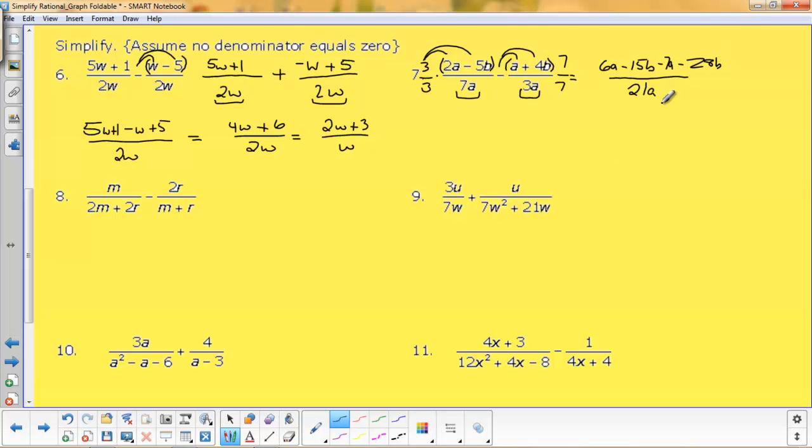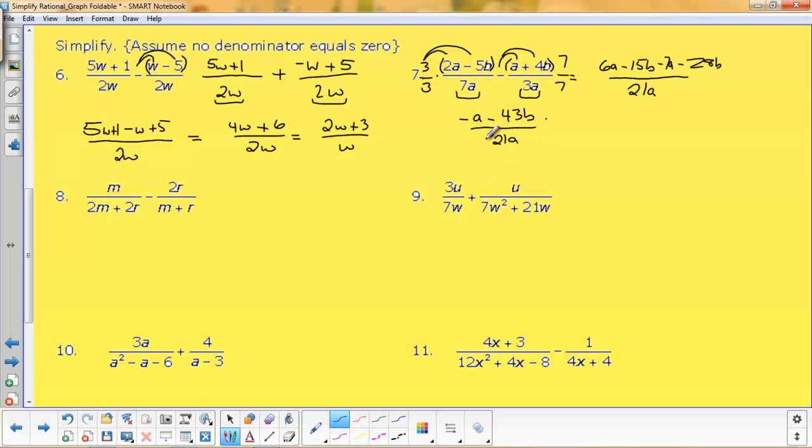Now I'm going to combine like terms. That gives me 6 minus 7, which is negative 1a. 15 and 28 makes negative 43b, all over 21a.